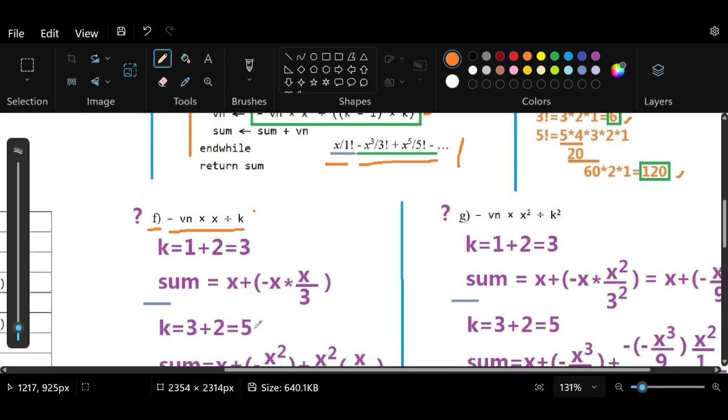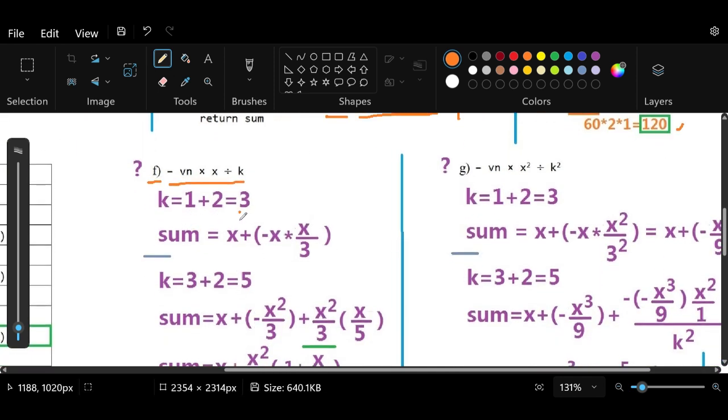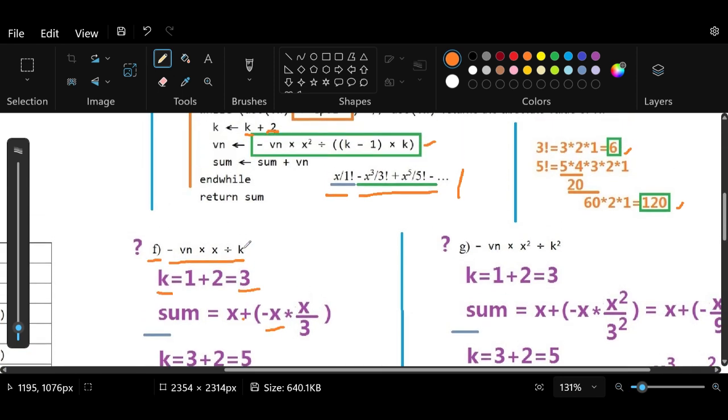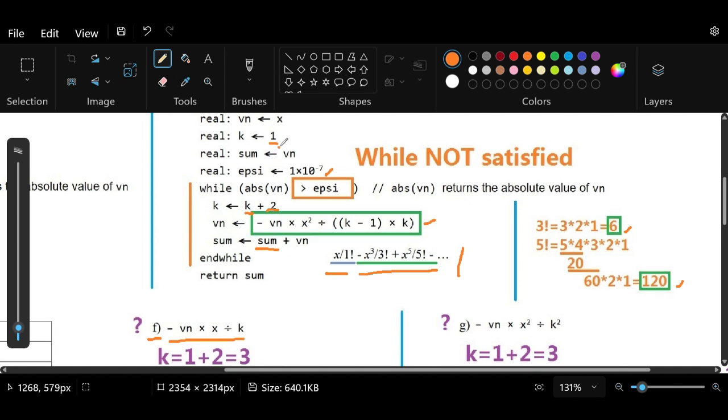That's why if we're starting out, we get 3 as our K, and then we plug in the values so that our Vn in this case would be X. But of course, the part here where you got the sum, because the sum is currently X. If you look at this part here, Vn is set to X and sum is set to the Vn. And because we're starting out, we know that this is X.